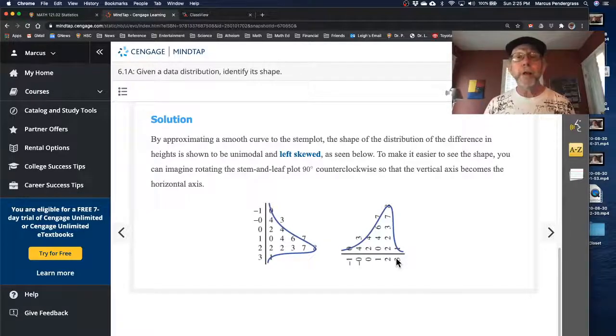So a stem and leaf plot is another kind of plot for a distribution. It tells you much the same information as you would get from a dot plot or a histogram, and you can identify the shape of the distribution from a stem and leaf plot by rotating it mentally in your head 90 degrees counterclockwise, and there you have the histogram.